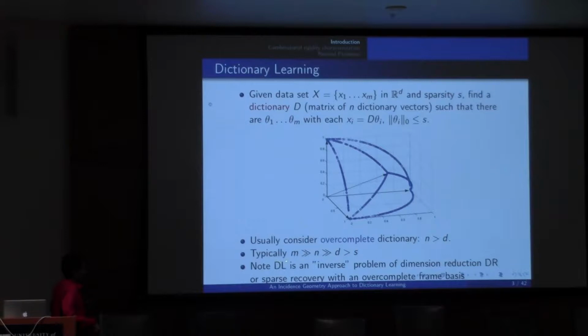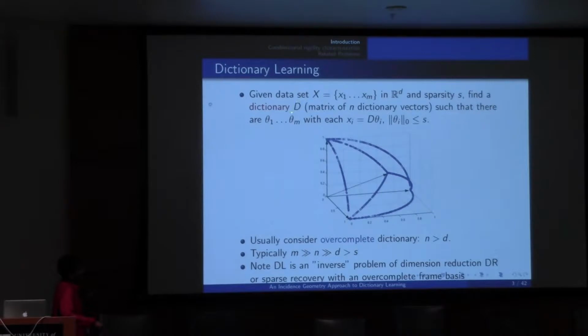So dictionary learning, which I'm going to abbreviate as DL, is in a sense an inverse problem of the standard dimension reduction problem, if you have heard about that, where what is given is, we already know the dictionary, more or less, and we want to recover the coefficients.